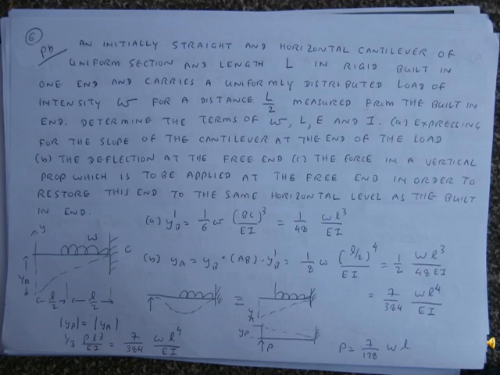The force P that prevents the beam from bending is equal to 7 divided by 128 WL. So YB must be equal to YA so that the beam will not bend. So YB from the force can be calculated: 1/3 PL cubed by EI is equal to 7 divided by 384 WL to the power 4 by EI. By solving this, we get P equal to 7 divided by 128 WL.